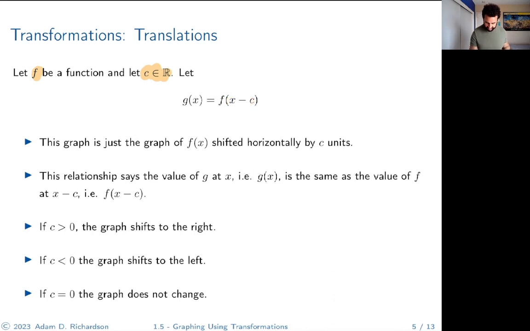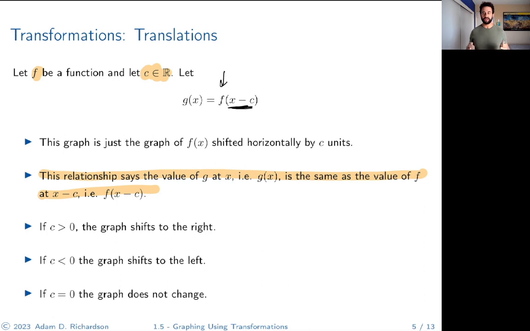One thing I'll mention is this. A lot of students point out that we're doing a minus c, and I try to explain it here. The reason that this works the way that it does is because you're changing the input of the function. Let me emphasize this: we're changing the input before we apply the rule f to that input.